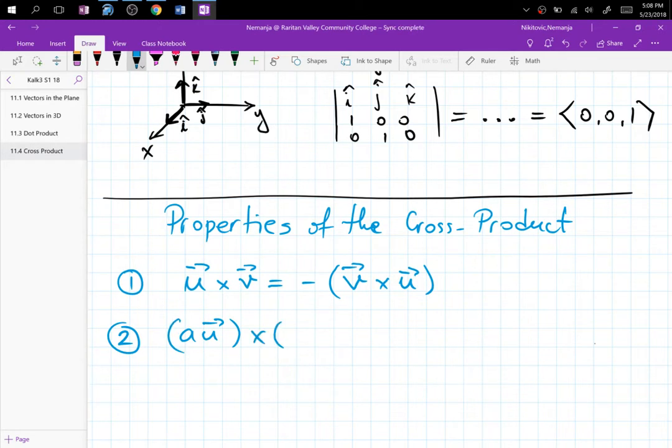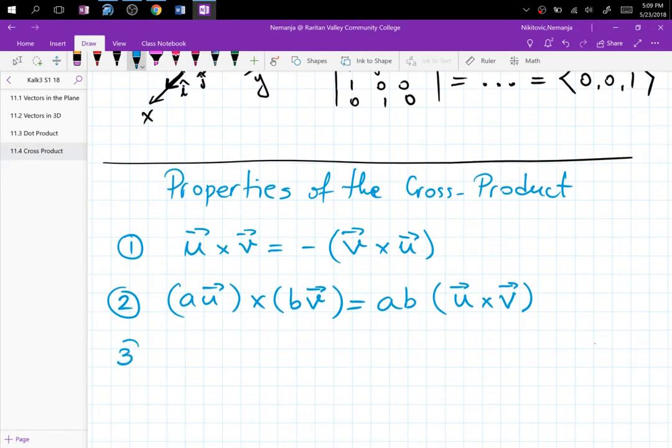Next, a u cross b v is equal to ab times u cross v. Is that also anti-commutative? No, this is the associative property because now a and u were associated to each other, and now a and b are associated right after the equal sign. So it's associative property. And then two distributive properties.